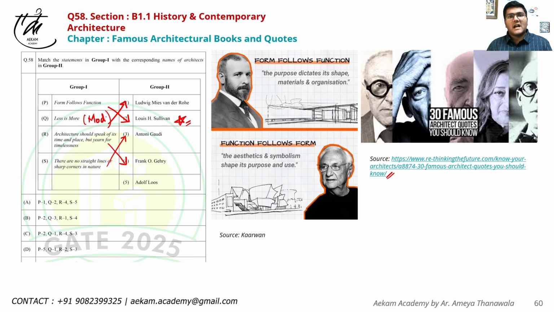We know he belongs to the Art Nouveau style, and Art Nouveau is generally characterized by a lot of natural elements, free-flowing elements, organic elements. So they are inspired from nature. Even if you don't know this, you can try and match all these options. So the correct option would be P2Q1.